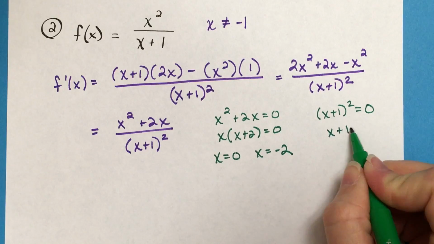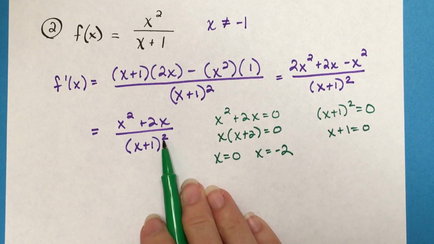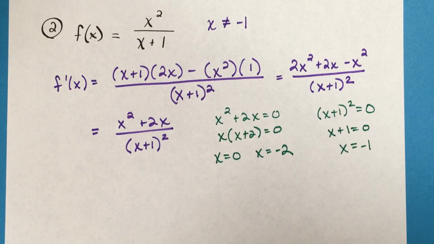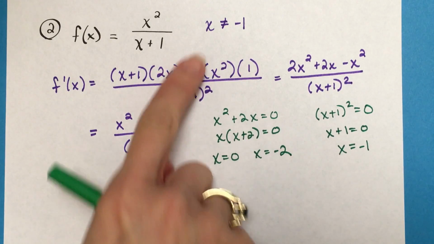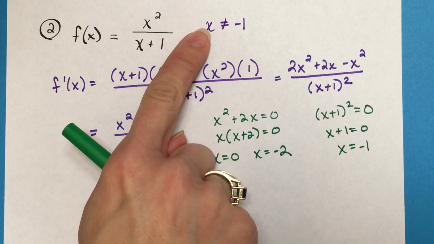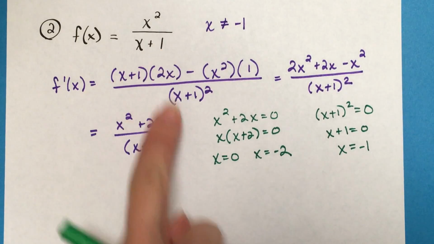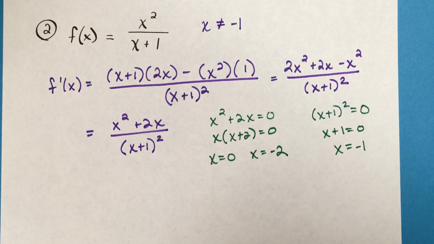So that's why really when you're dealing with your denominator to the second power, you could ignore the second power. All right, so we're going to end up with x equal -1. So this is where I was talking about that where we stated back up here that the function was not defined at -1 to begin with. There was a discontinuity. It happens to show up down here as well. Sometimes it will, sometimes it won't.